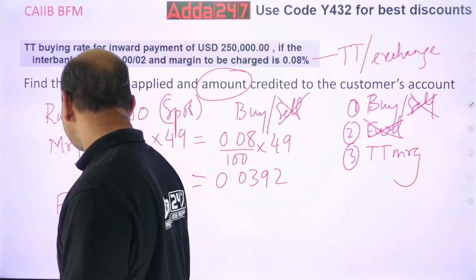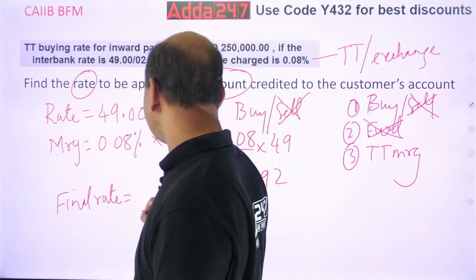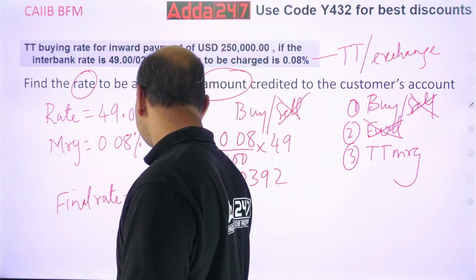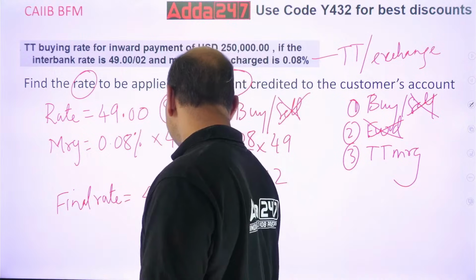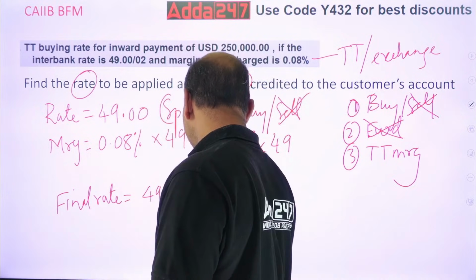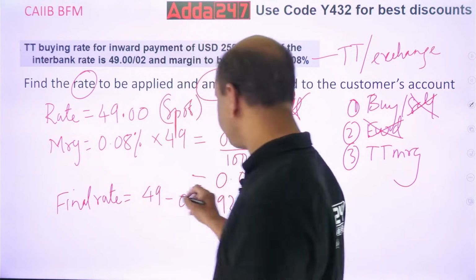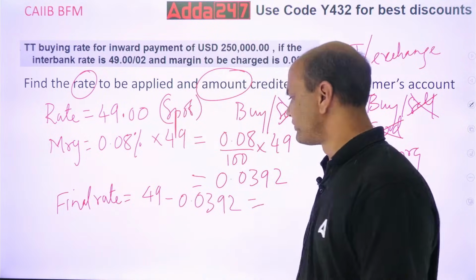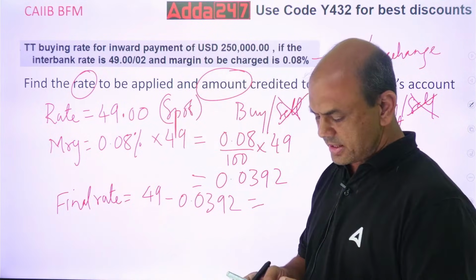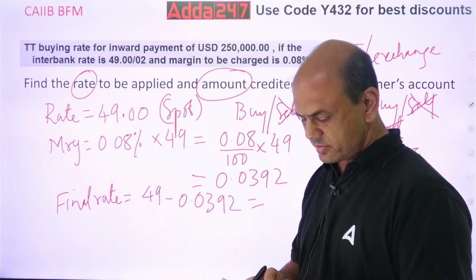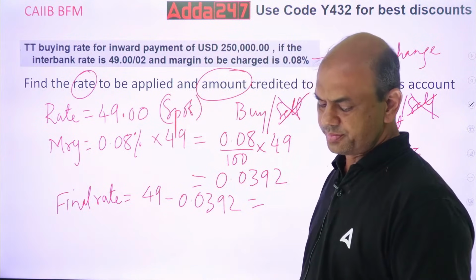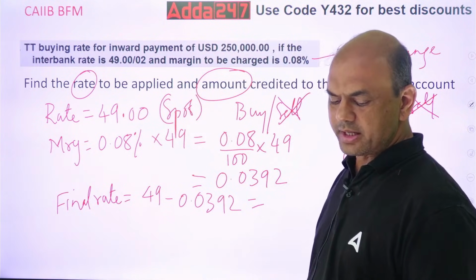So final rate equals, what was it? 49 minus 0.0392. So 49 minus 0.0392 is 48.9608.